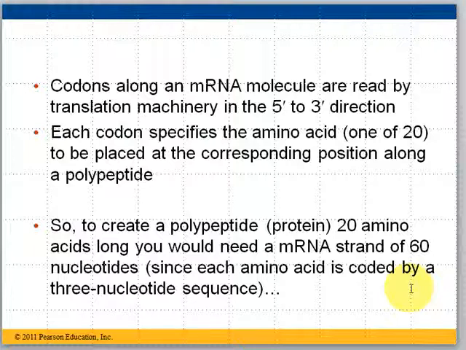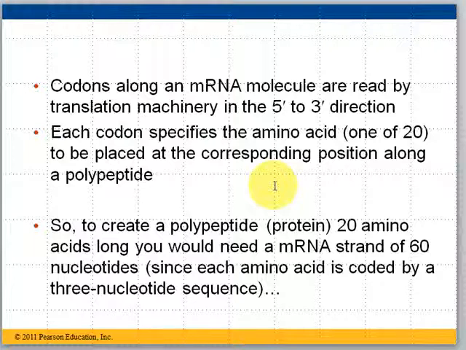Those codons that make up the messenger RNA molecule are also read by the ribosomes, which do the translation, from the 5' to 3' direction. And each of those codons specifies a particular amino acid. Remember, there's 20 possible amino acids, and it tells the ribosome, okay, put this amino acid next in the chain, and then put this amino acid second in the chain, and this amino acid third in the chain, and it keeps on building that chain, creating that long polypeptide.